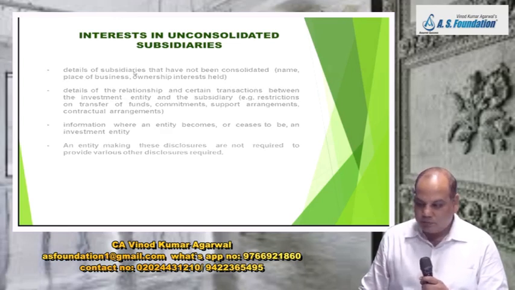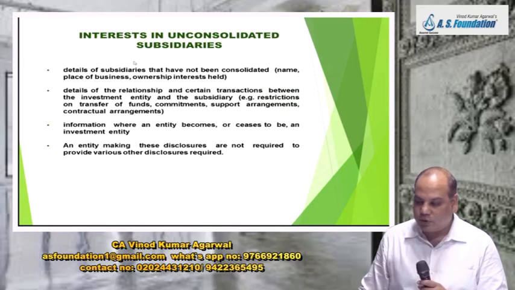Then continue the disclosure requirement of investment entity. Details of subsidiaries that have not been consolidated. And what are the details you have to give? Name of the subsidiary, the place of business, the ownership interest held.